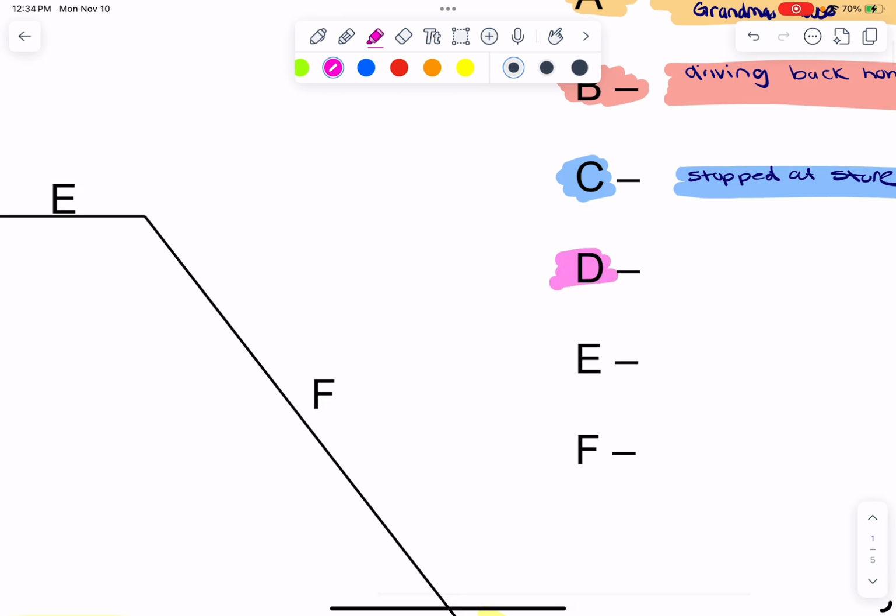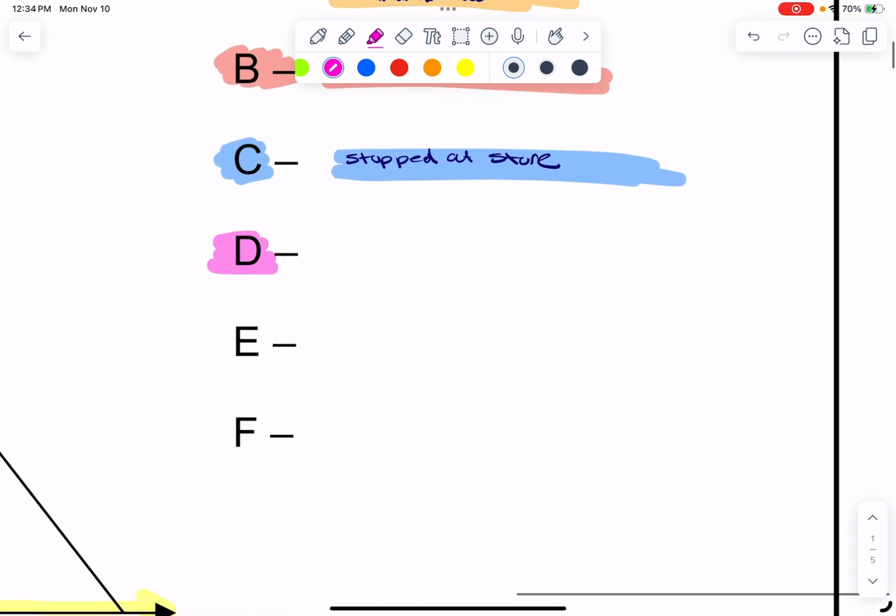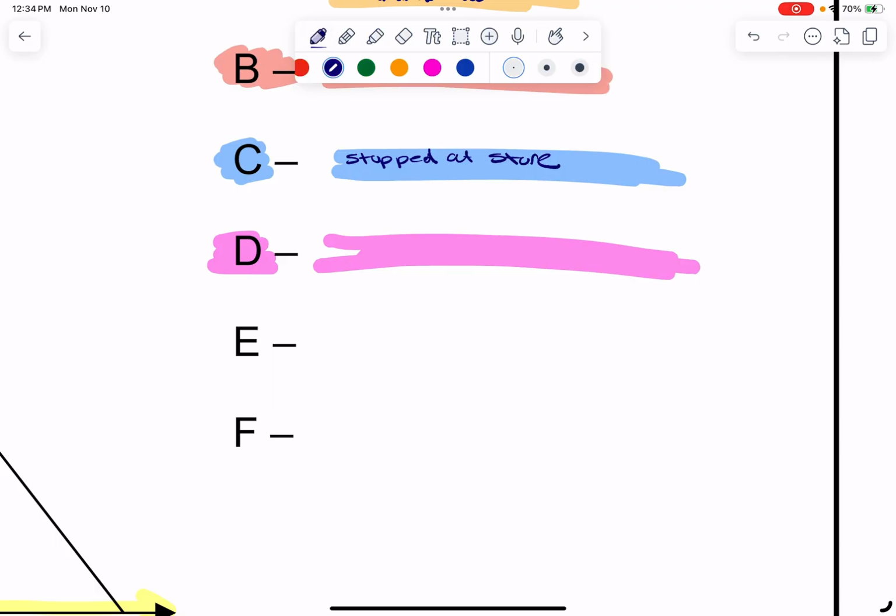So this D distance right here, we are driving toward Grandma's house. Or we can say the distance from home is increasing.